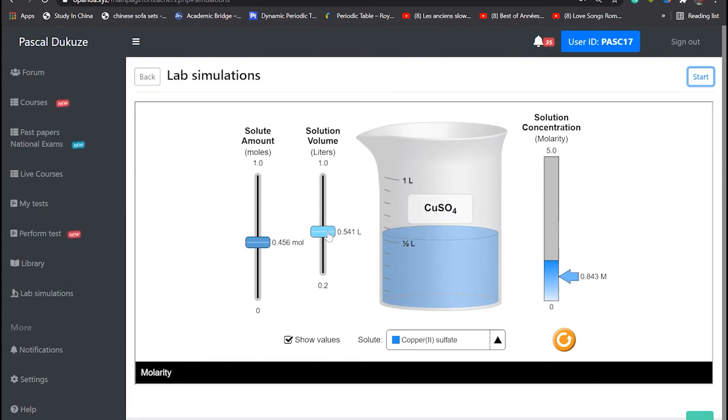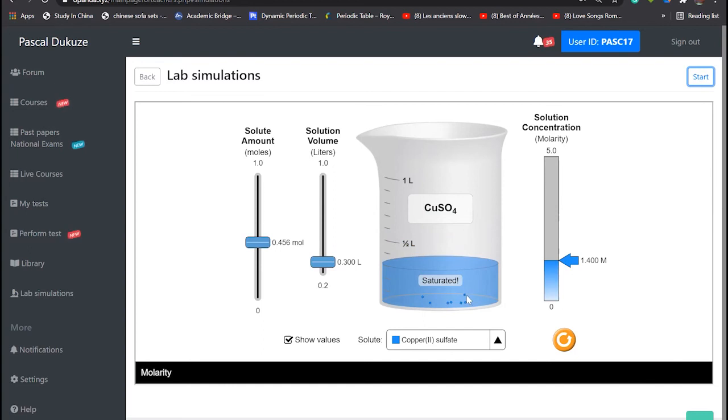Okay? And let's have a look. When you change the volume, how does the color change? Reducing the volume. Let's look. As you reduce the volume, we said the concentration increases, and at a given time, you will start to have a saturated solution.